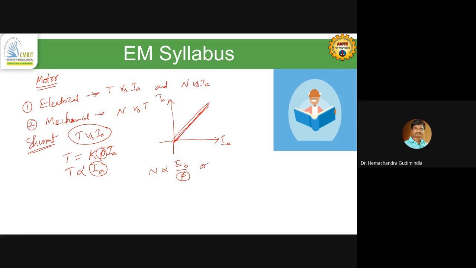Or we can say V minus Ia Ra by phi. Now, if Ia increases, definitely the speed will reduce.